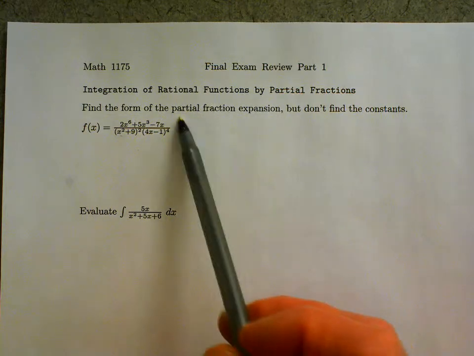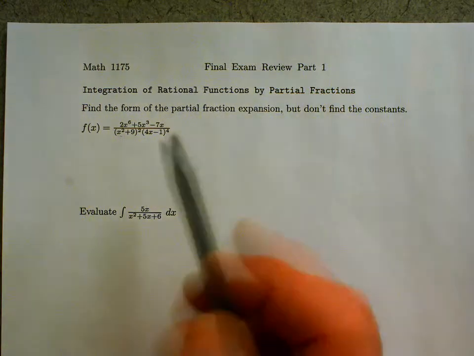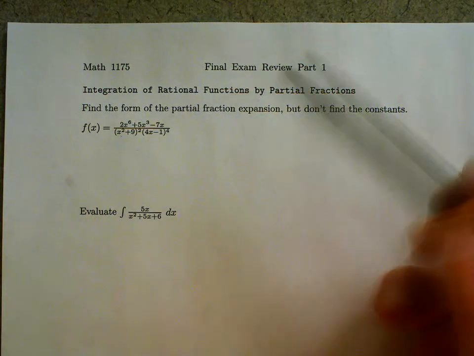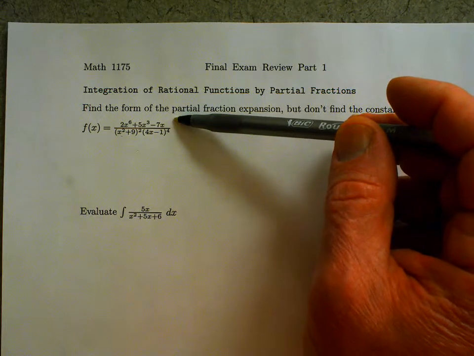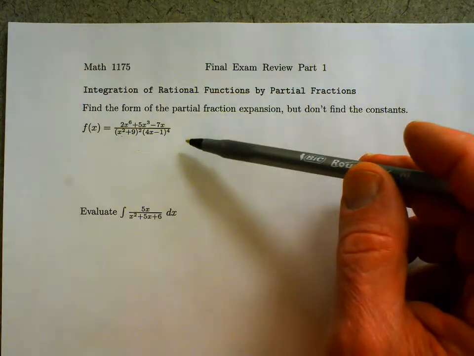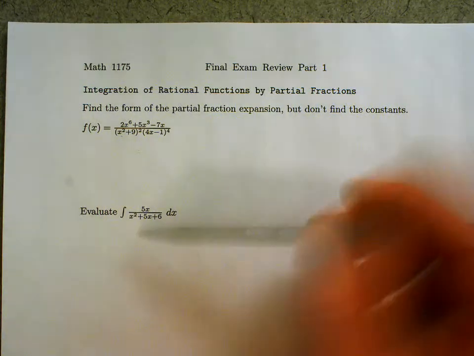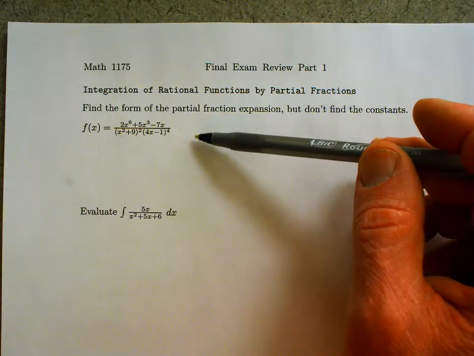And the numerator is degree 6. So just a reminder, if the degree of the numerator is bigger than the degree of the denominator, when integrating, then you should divide the numerator by the denominator first.